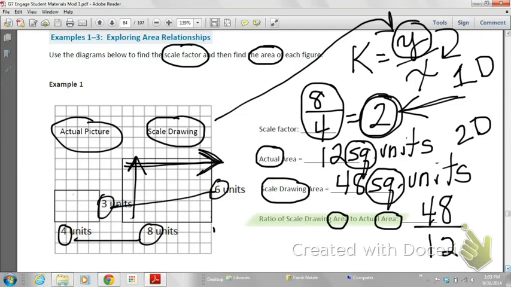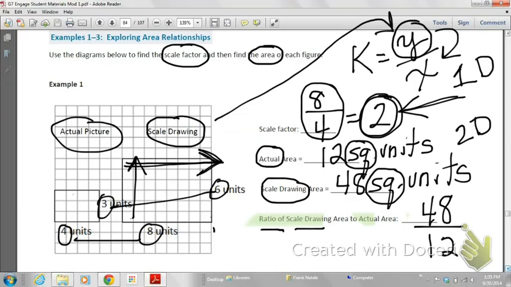And the reason I did 48 over 12 instead of 12 over 48 is, well, a number of reasons. That's actually what we do when we're trying to figure out any kind of scale factor or ratio. But also it tells you right here, ratio of scale drawing. They give you that first.